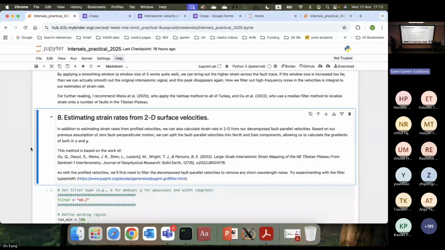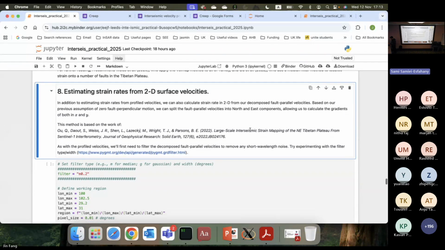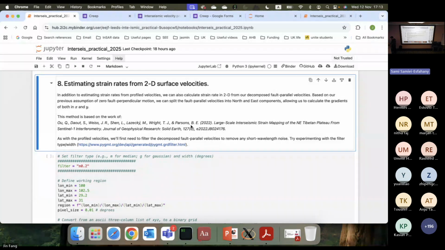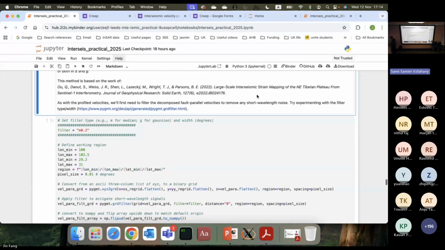In addition to estimating strain rates from profiled velocities, we can also calculate strain rate in 2D from our decomposed fault parallel velocities, based on our previous assumption of zero fault perpendicular motion. We can split the fault parallel velocities into northward and eastward components, and then we can take the gradients both in x and y direction.